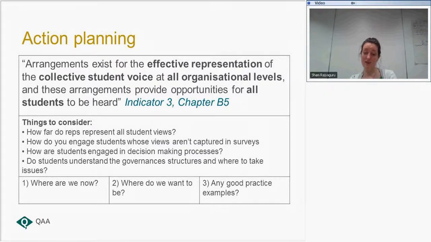I think that really came out of Ellie talking about the TSEP response to the quality assessment review happening nationally, about the fact that it's a diverse student body. In our review process, we asked for a student submission, which a lot of you will know about. What came out of it is that it's very easy to represent full-time undergraduate students.